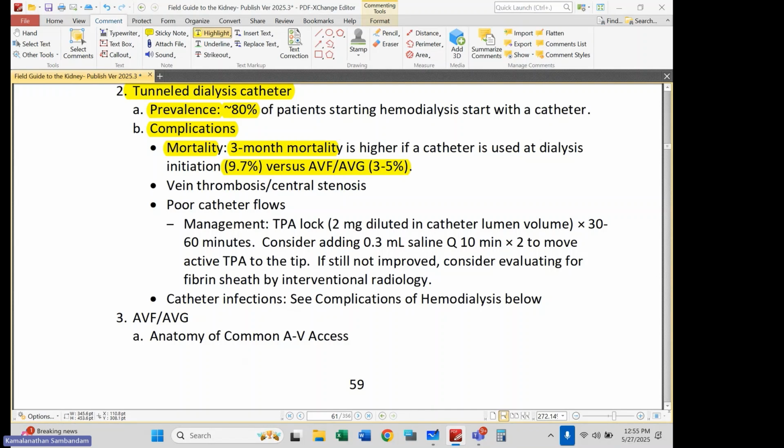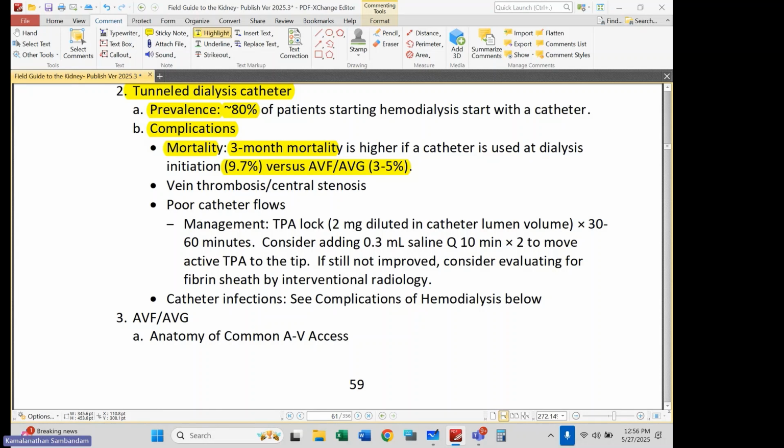That to me is a wrong calculus. It absolutely makes sense to start people on dialysis with a catheter in place and accept this infection risk when you know in your heart that this patient's not going to make it for 3 or 4 months and stay out of the hospital. So don't over avoid, I would say, the tunneled line.